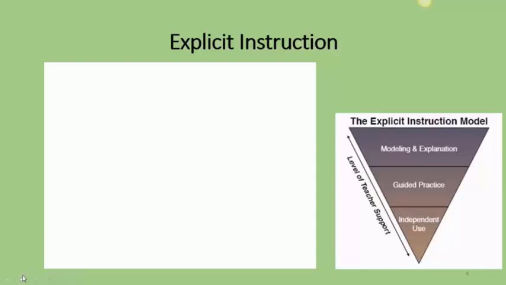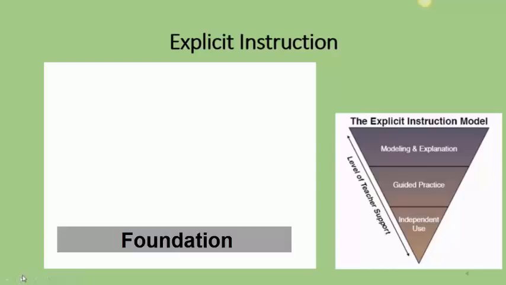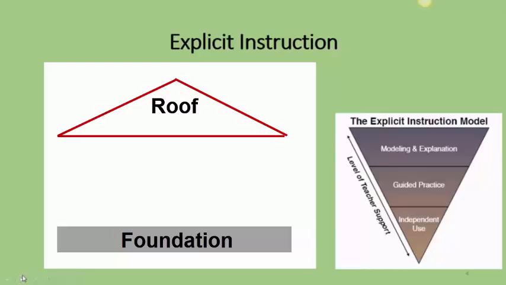So I like to think about this as building a house and comparing it to explicit instruction. So the first phase of a house that you will build is the foundation. But you don't, after you've put the foundation on, complete the house by then moving on to put the roof on. If you do that, what do you think will happen? The house will collapse. And this is just like teaching explicit instruction.